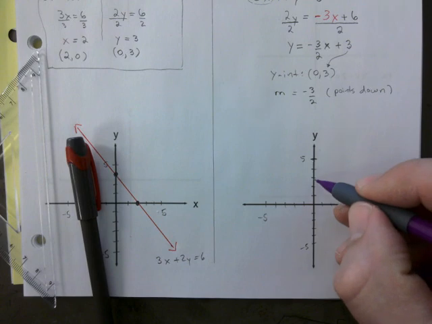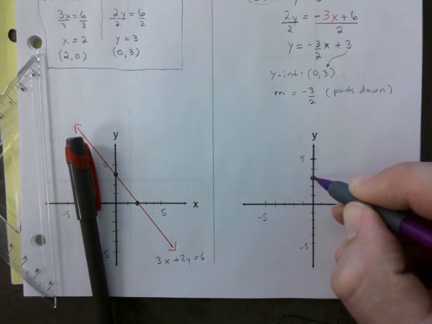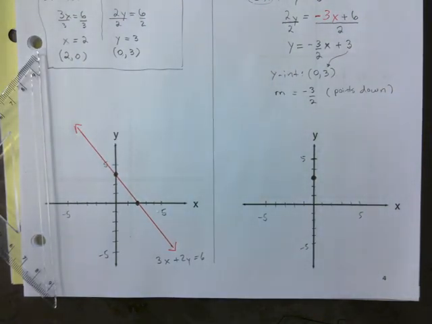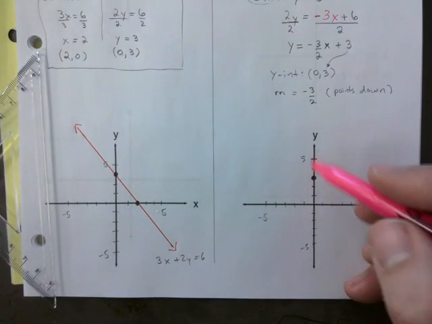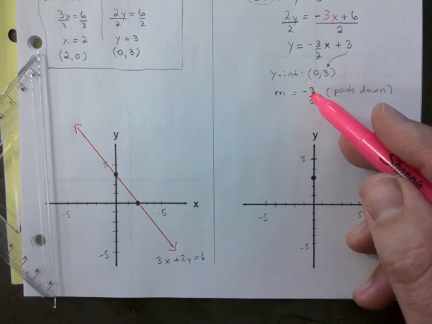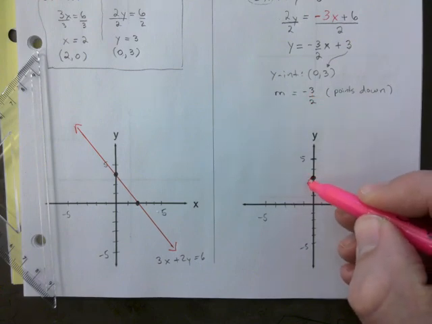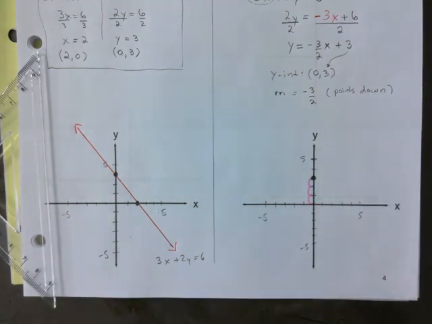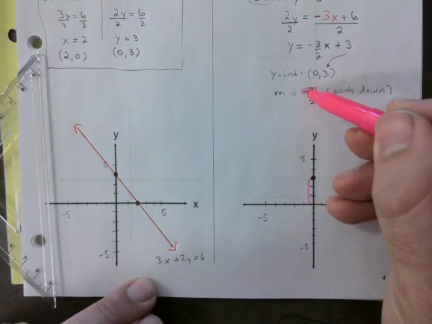So going back to this, the only point you know for sure is 0, 3. You plot that 0, 3. And here I'm going to use maybe 2 different highlighters. I'm just going to show you that the negative 3 tells you you're dropping 3. So 1, 2, 3. So I'm going to highlight that like this.